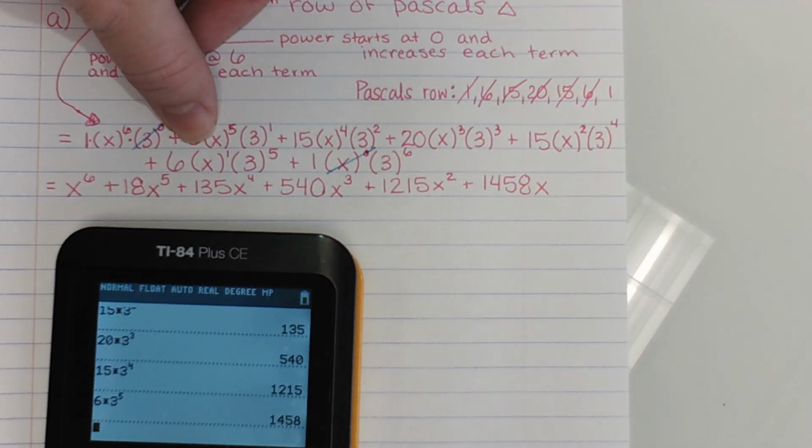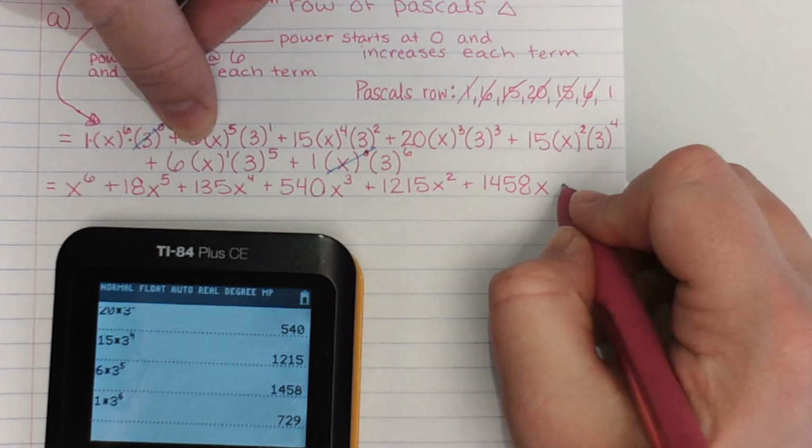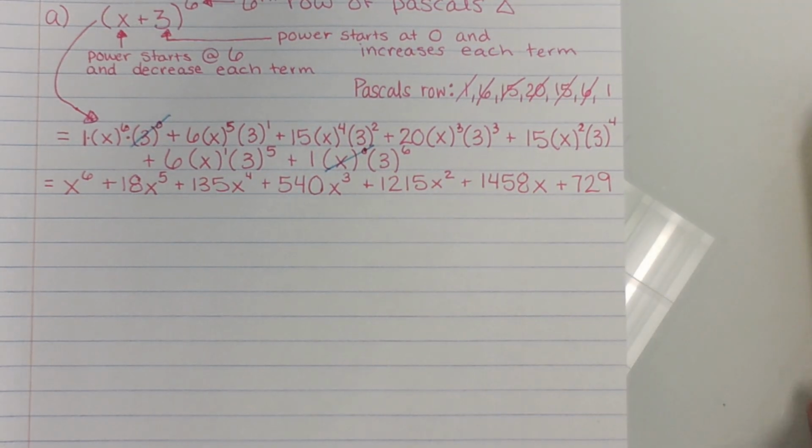In other words, it was just x. And the last term was 1 getting multiplied by 3 to the 6th. 729. In other words, x is canceled out on that one.